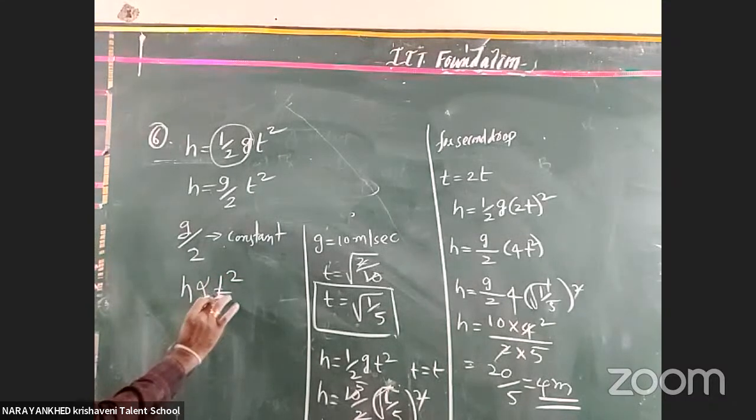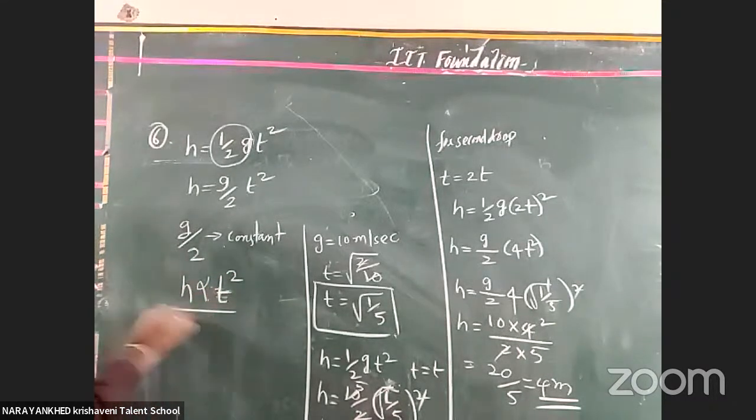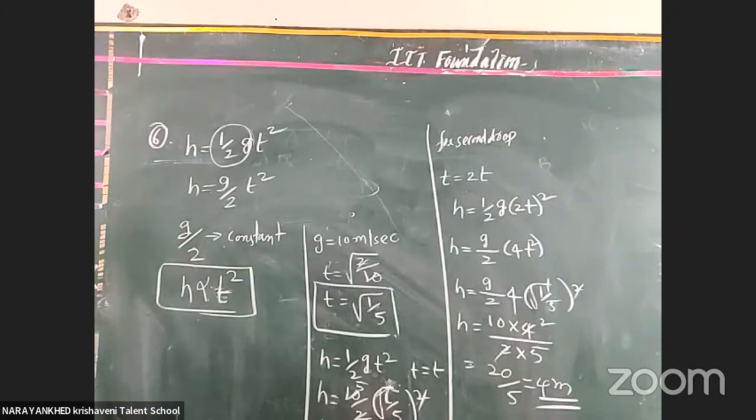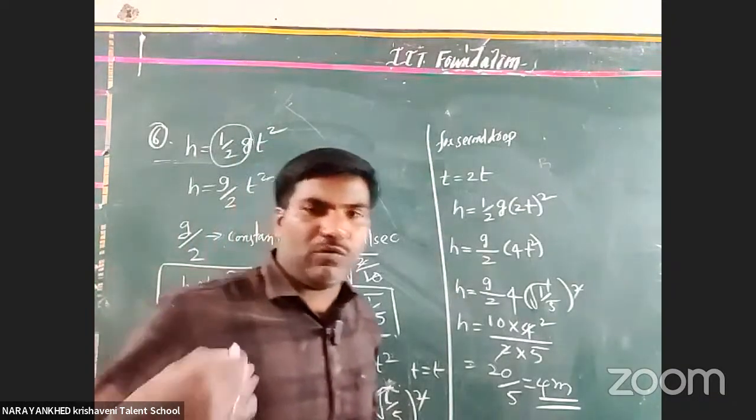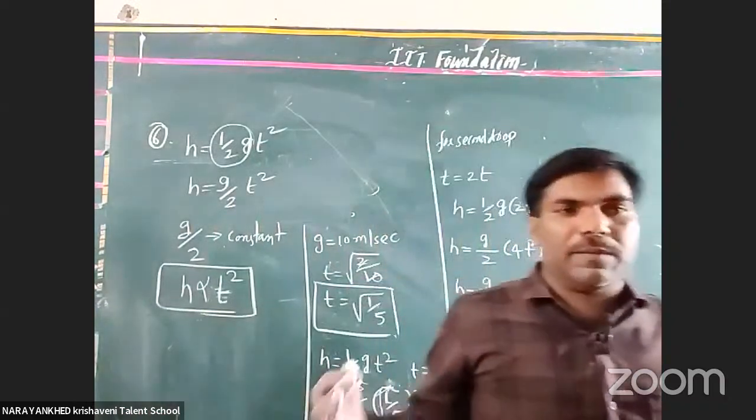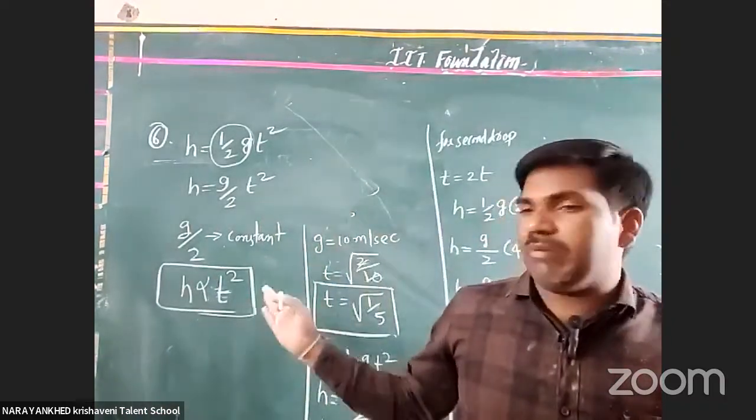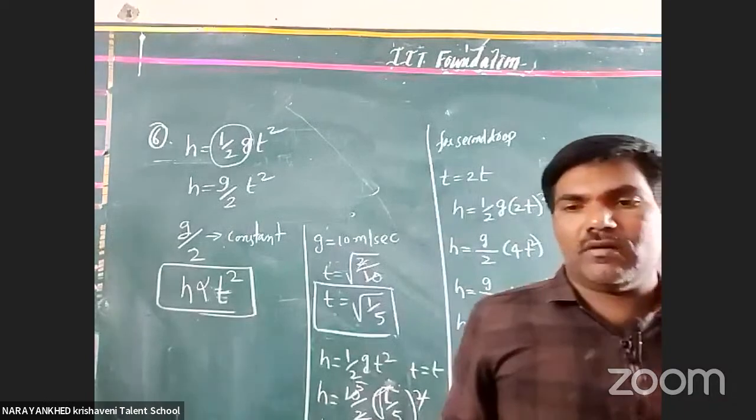It means the distance traveled by any freely falling body is directly proportional to the square of the time taken for it. Clear or not?